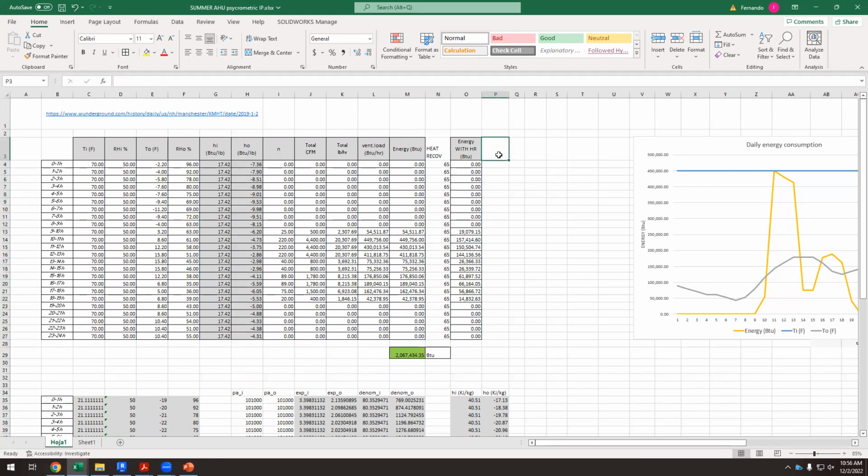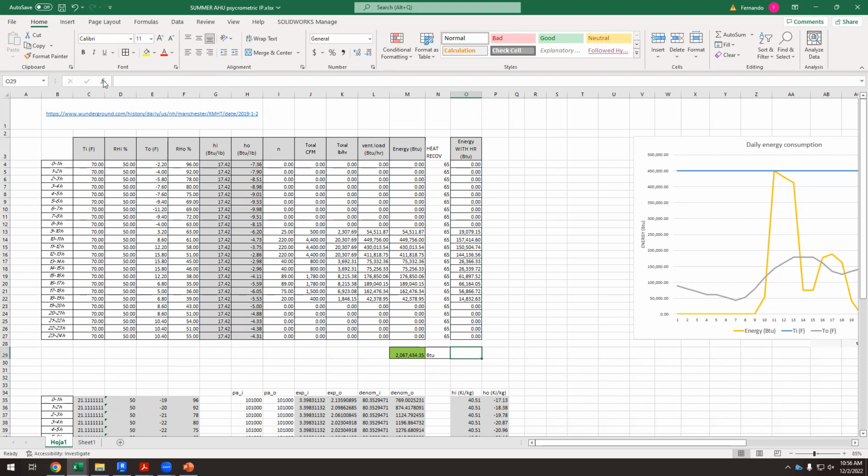Okay, so this is the energy with heat recovery in BTUs. Unfortunately, when we are calculating electricity, we don't use BTUs. But if we are dealing with the boiler, we can use BTUs. And what is the size of my boiler? It has to be the highest value of this.